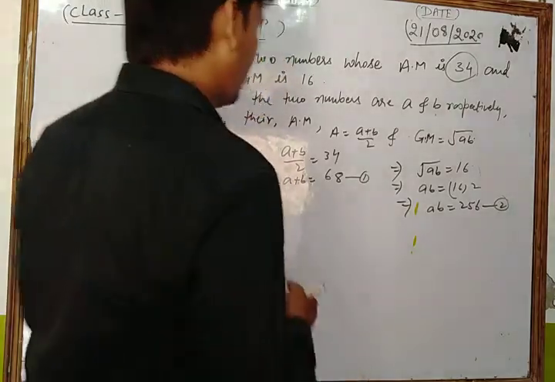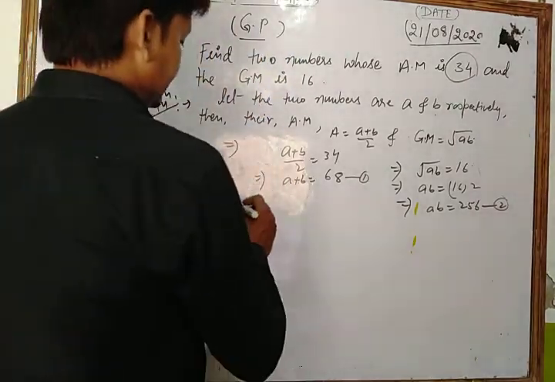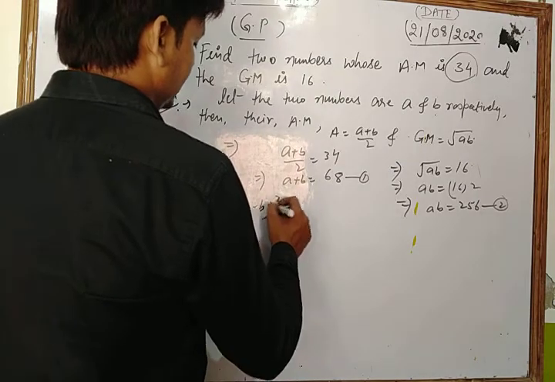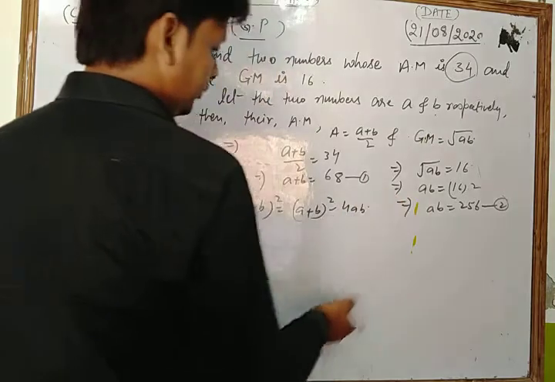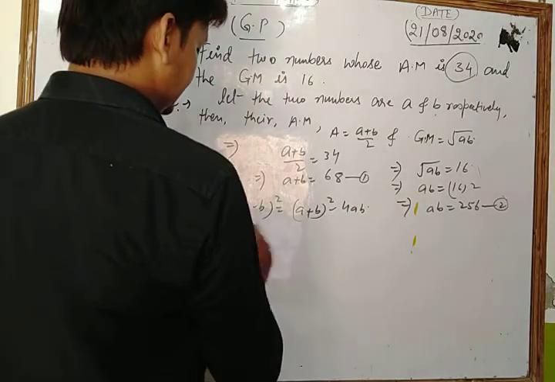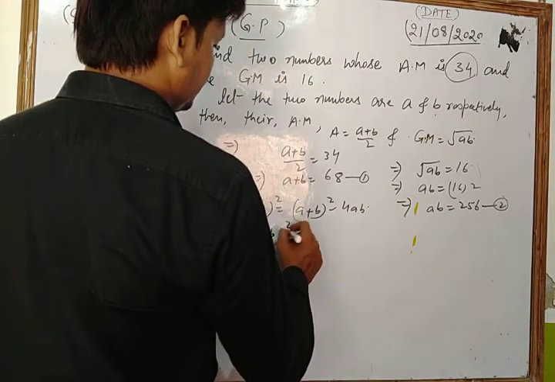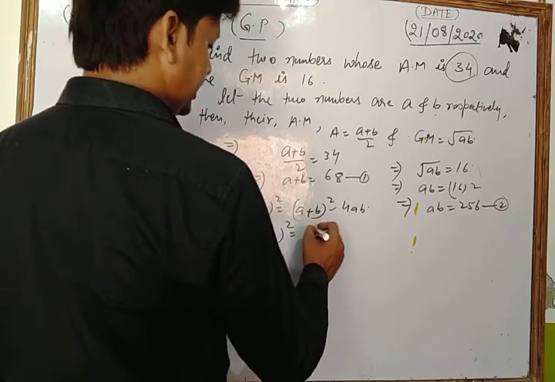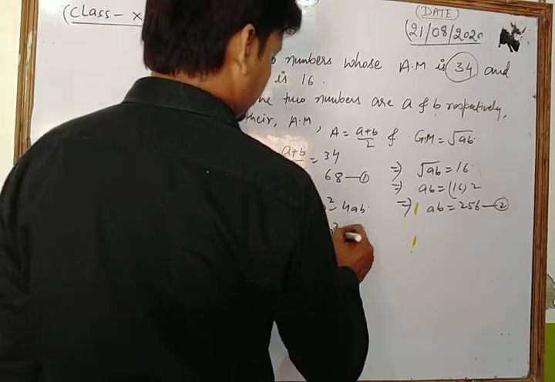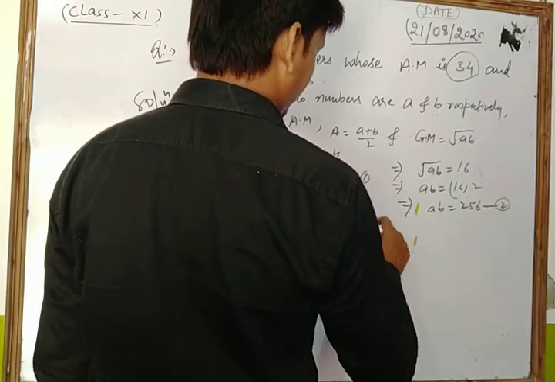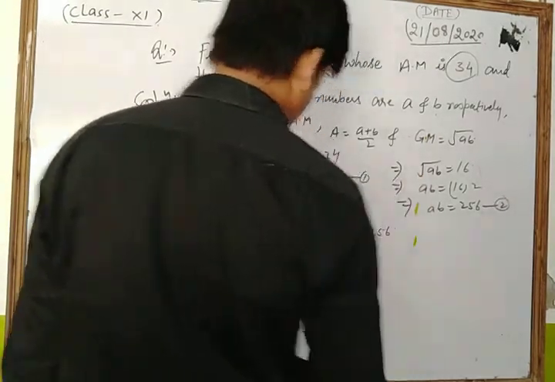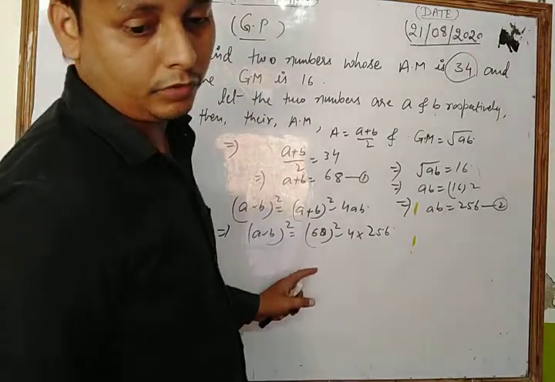So now we form our equation. We know the algebraic identity (a minus b) whole square is equal to (a plus b) whole square minus 4ab. So we write (a minus b) whole square equals 68 square minus 4 into the value of ab, which is 256.